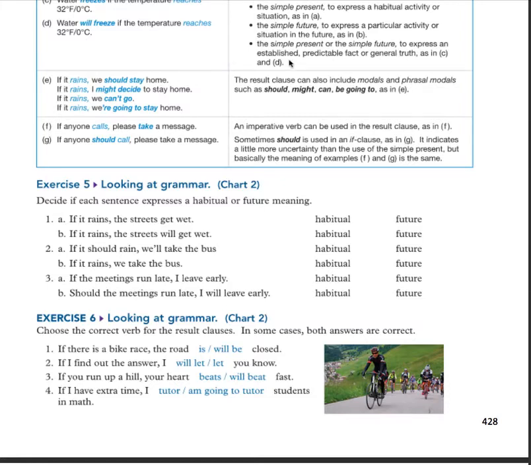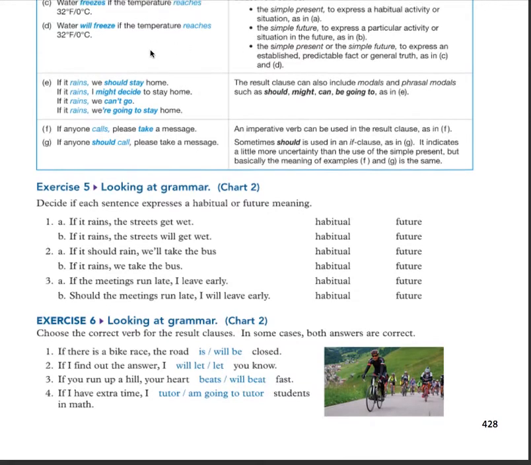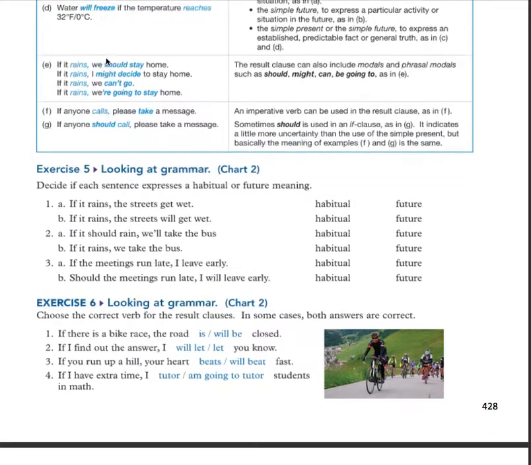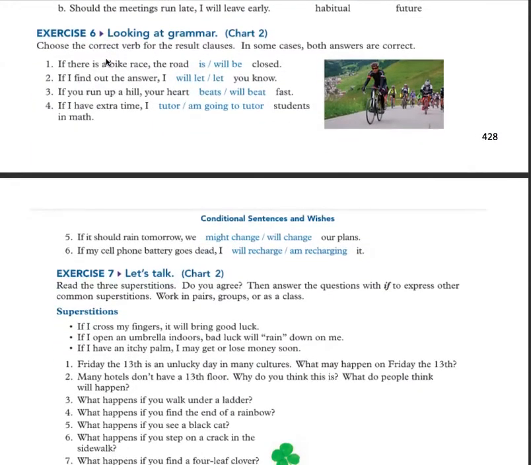So if it's an established or predictable fact or general truth, you can use both. Okay? The present tense and the future tense. So we look at numbers 1 through 6. Remember, 5 and 6 are on page 428. Okay?